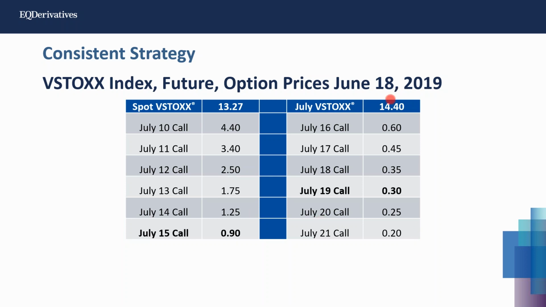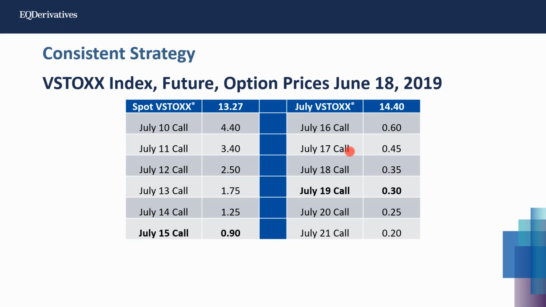With 14.40 as the underlying, we figure out the spread by selling the July 15 call for 90 cents, and then we go up strike by strike. If we buy 2 of the July 16 calls, that costs $1.20, which would result in the spread being put on at a cost of 30 cents.